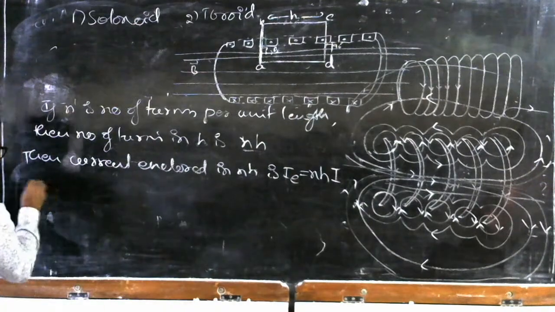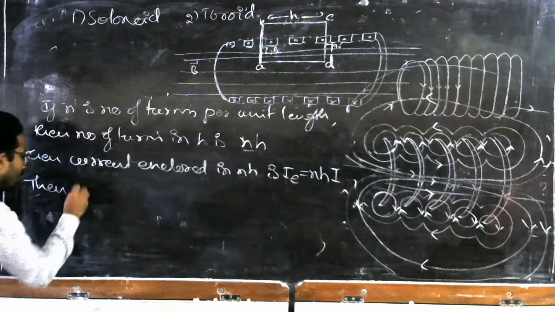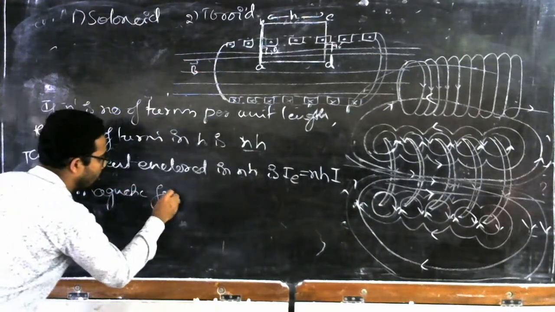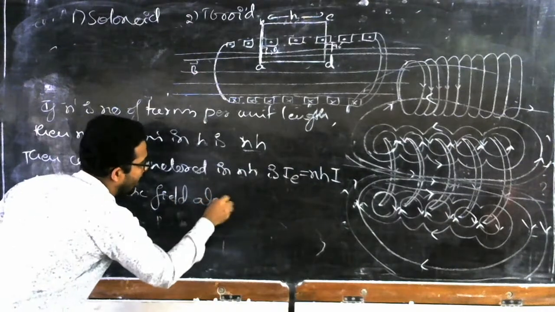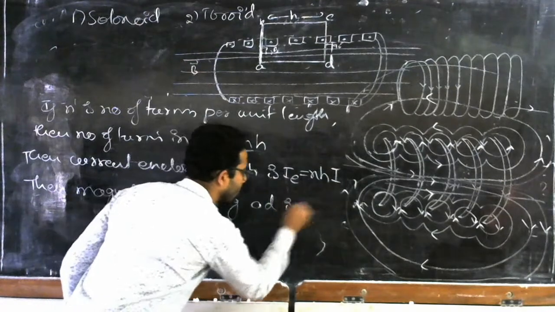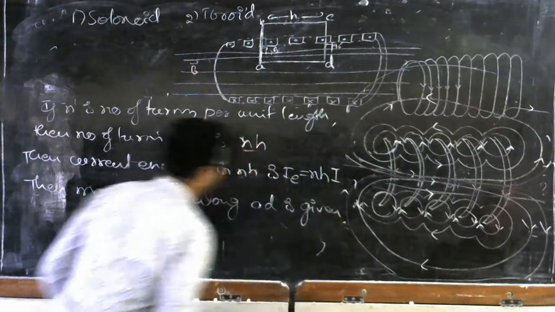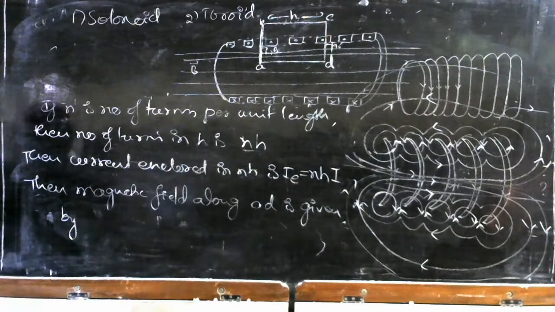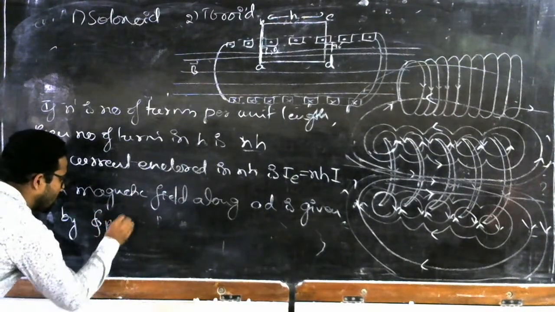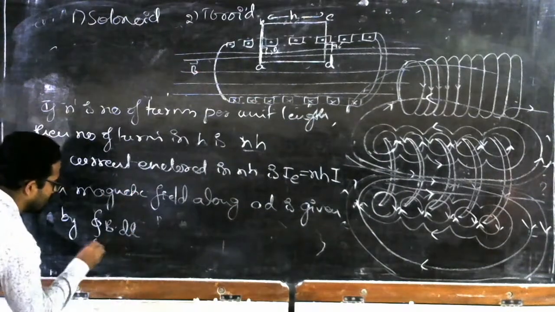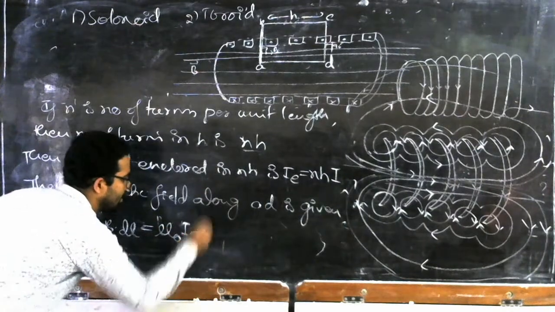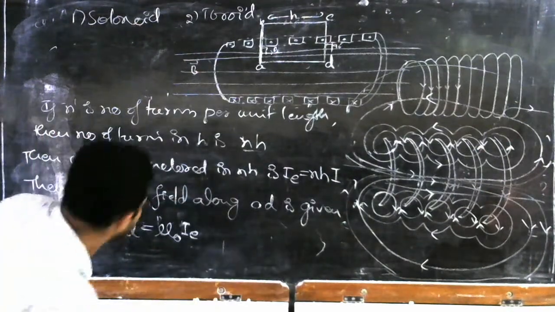Now the magnetic field along AD is given by the closed integral of B dot dl, from 0 to h here, which is equal to mu naught times the current enclosed.